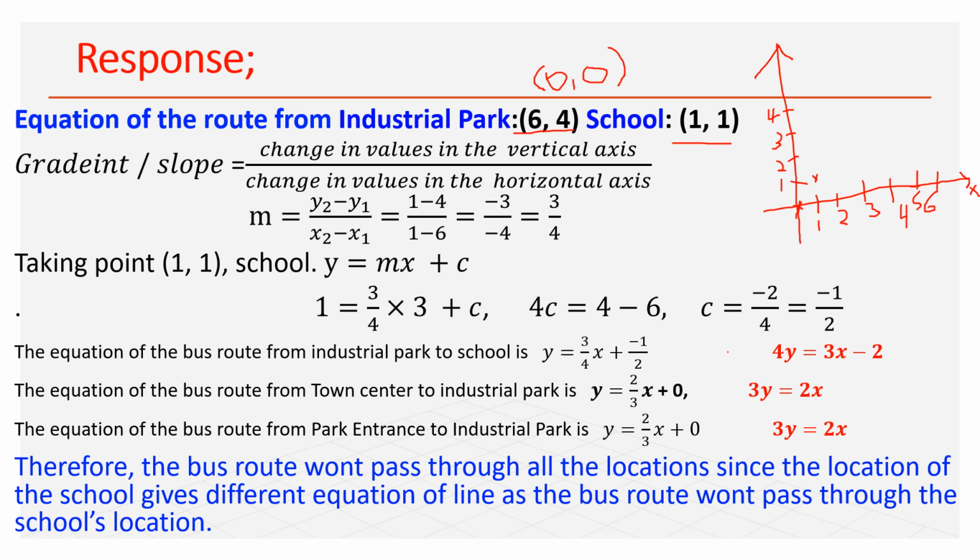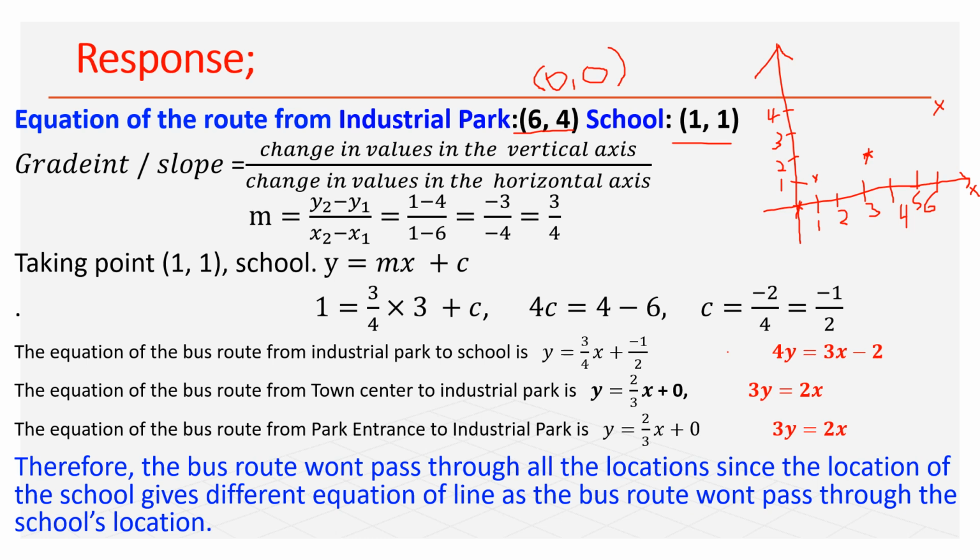Then 6, 4, that is for the industrial park, 6, 4, somewhere here. Then 3, 2 for the park entrance.